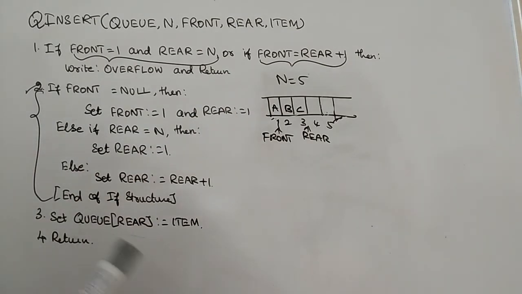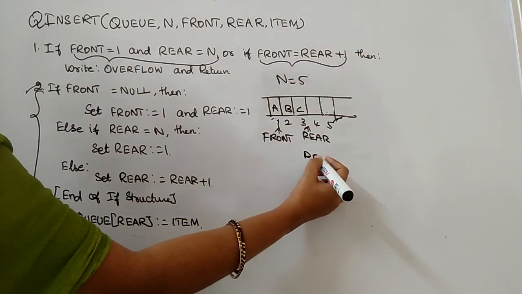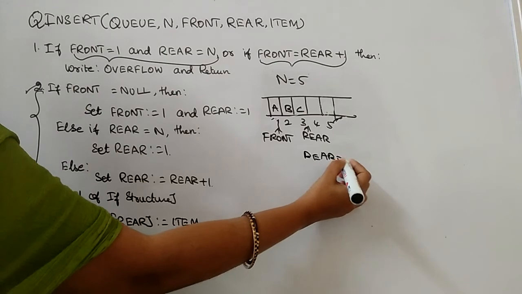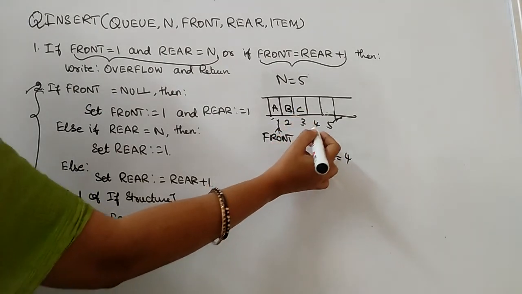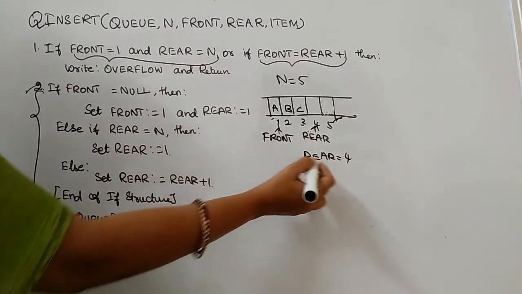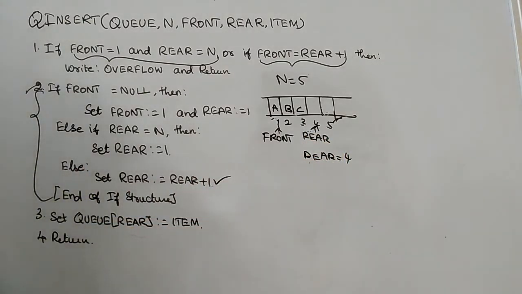After doing these things, you have set the value of rear. Just for example, here I am saying now the rear is equal to 4. The previous value is 3. Since we have executed this statement, we have rear equal to 4.